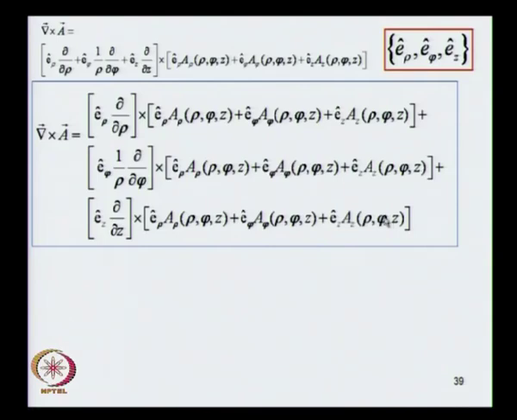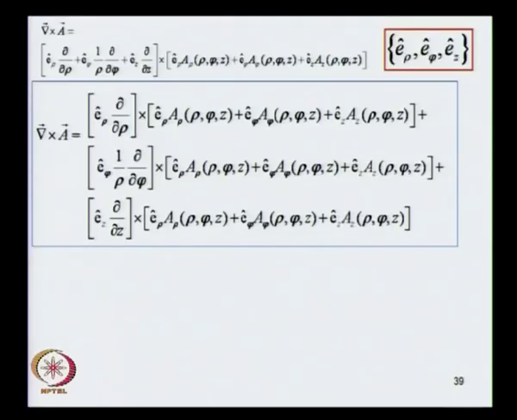Now, this is not an ordinary cross product of 2 vectors, because this side what is in this rectangular bracket is of course a vector, but over here is not a vector, this is a vector operator. So, it must satisfy the vector algebra as well as operator algebra. The operator under consideration is a differential operator.